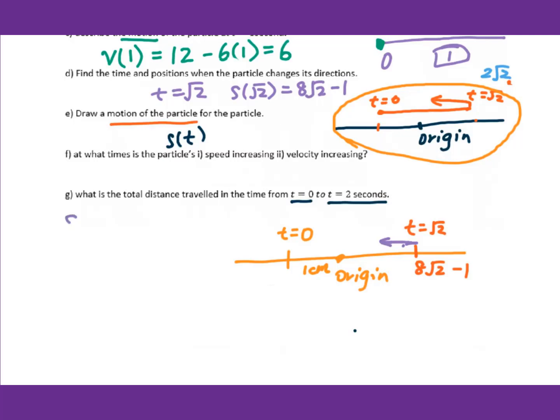First of all, we need to figure out s of 2 so that we can decide the location at t equals 2. So 12 times 2 minus 3 times 2 to the third power minus 1. You will get negative 1. In other words, this is t equals 2. Go back here again.